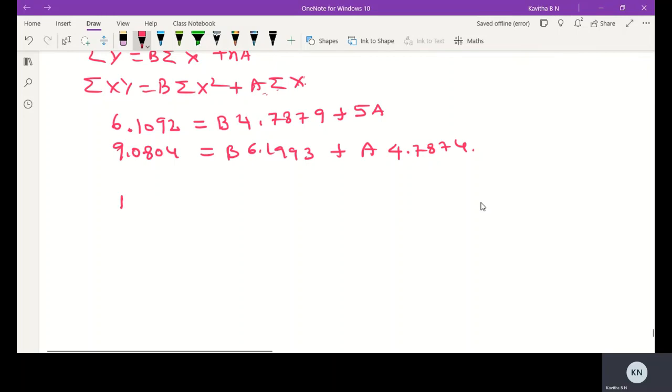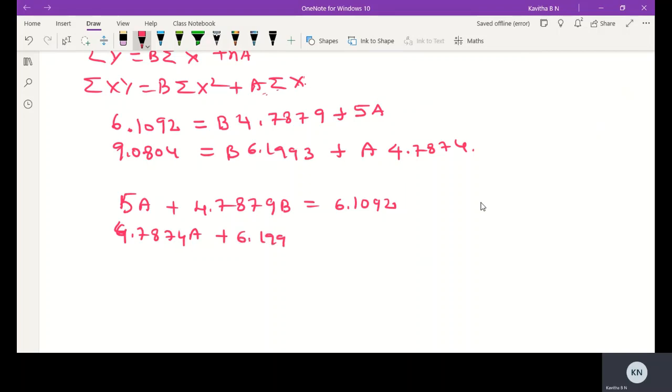Then we will write here: 5A plus 4.7874B is equal to 6.1092. Next, 4.7874A plus 6.1993B is equal to 9.0804.